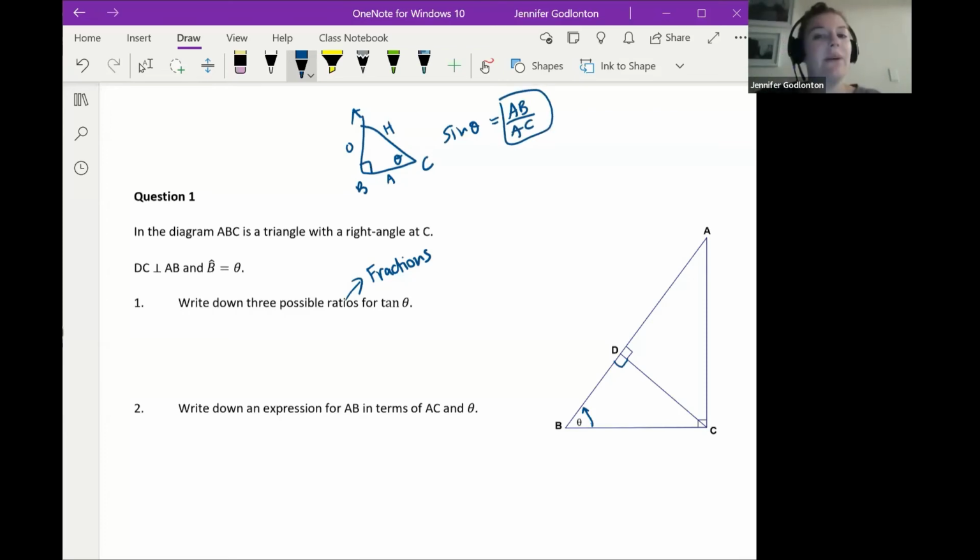That would be one of my ratios. So in this picture, because there are 3 different triangles where there are right angles, there are 3 different ways I could write tan theta. Thank you. Sure.